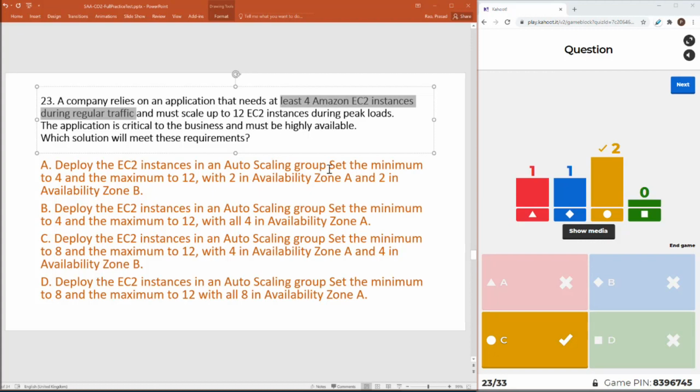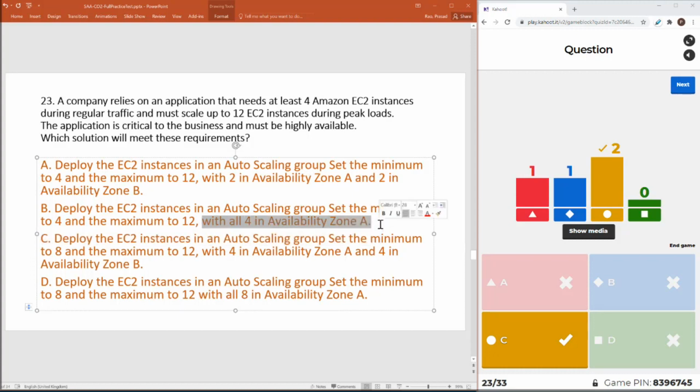The first option, with 2 in one availability zone and 2 in the other, doesn't work, because if one availability zone goes down, you will have only 2 running, and we need at least 4 running. With all 4 in availability zone A, no way, because if availability zone A goes down, you will have 0 instances running. Another says 4 in one and 4 in the other.